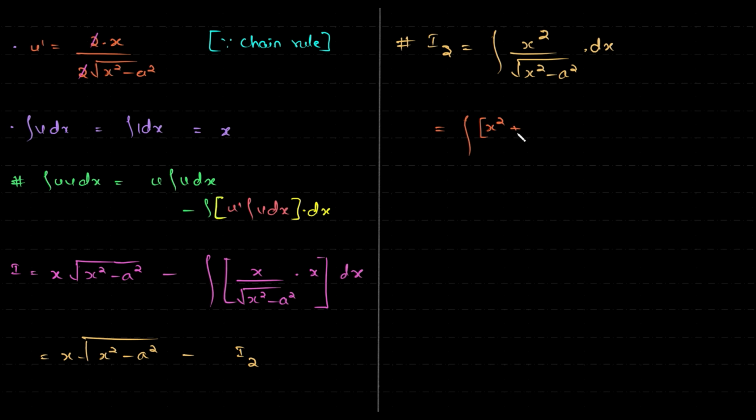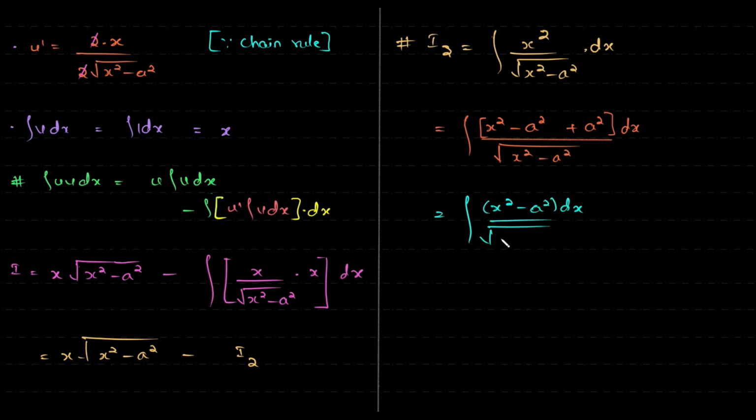Okay, let me tell that to you guys now. So x square I'm going to subtract with a square, and then I'm going to add a square, dx, entire expression divided by square root of x square minus a square, and with a bit of rearranging, we have x square minus a square dx divided by square root of x square minus a square, plus a square integration of 1 by root of x square minus a square, and this first part clearly is the integration of square root of x square minus a square into dx.